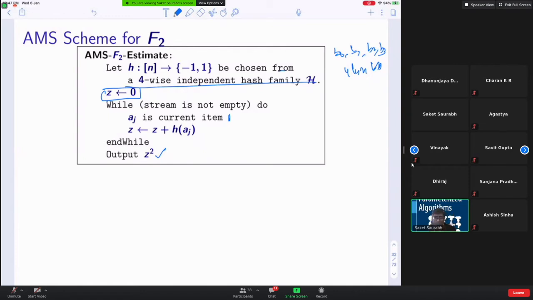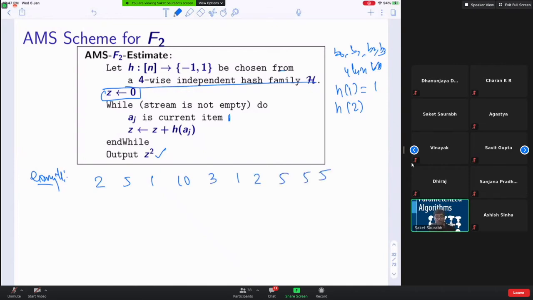Just to run an example, I don't know whether this is a good hash function or not, but let's see. Suppose our string is the following: 2, 5, 1, 10, 3, 1, 2, 5, 5, 5.